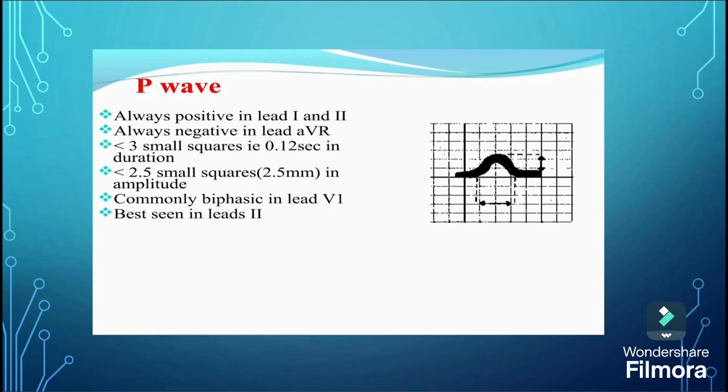Less than 3 small squares, that is 0.12 second in duration. Less than 2.5 small squares in amplitude. Commonly biphasic P wave in lead V1 and it is best seen in lead 2. So if you want to see P wave prominently, you have to check lead 2.